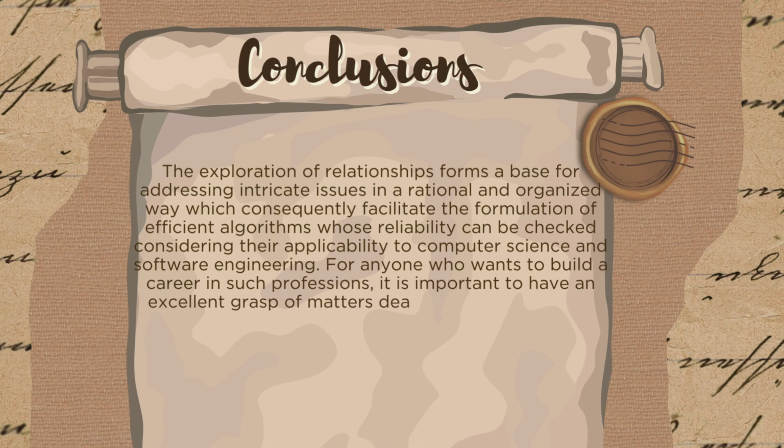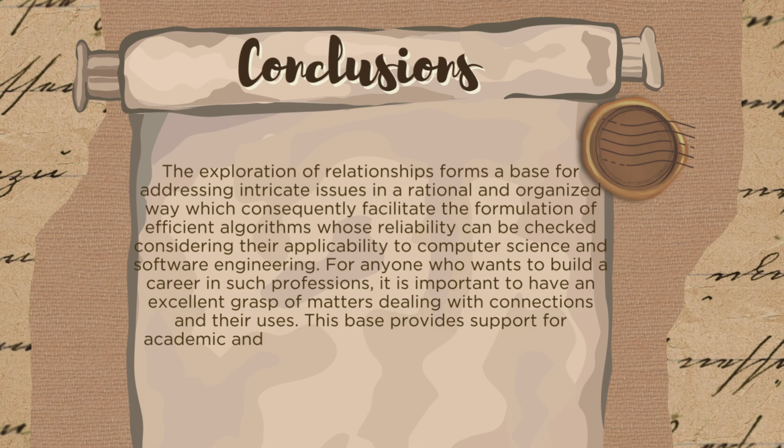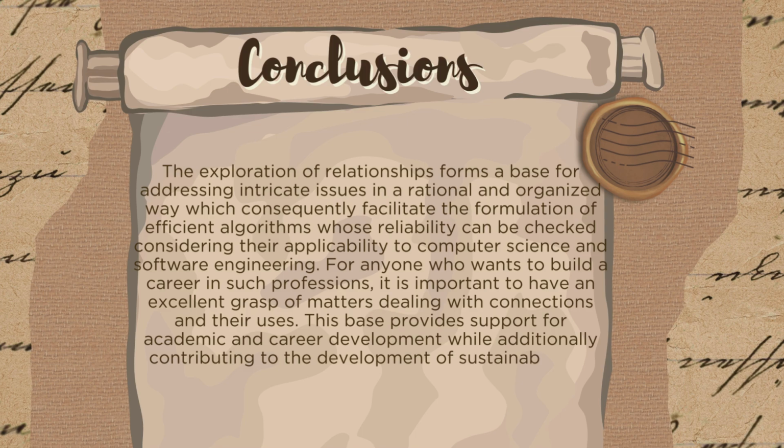For anyone who wants to build a career in such professions, it is important to have an excellent grasp of methods dealing with connections and their use. This base provides support for academic and career development while additionally contributing to the development of sustainable and impactful technology solutions.